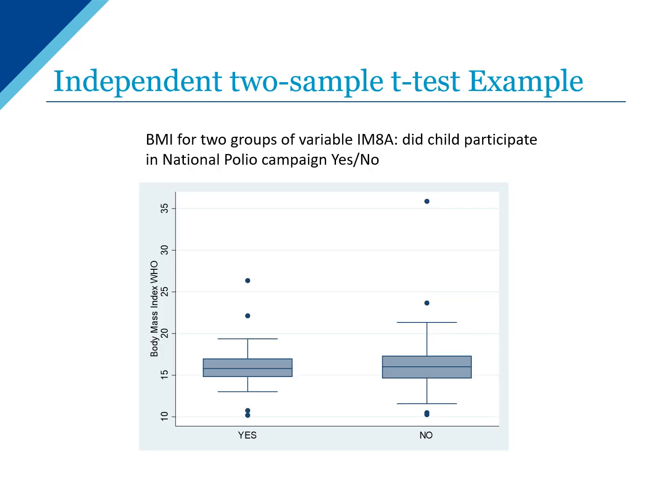Here is an example from the mixed random sample that you can follow along with in Stata if you'd like. This box plot shows the distribution of BMI of children who participated in the polio vaccination campaign on the left and of those who did not participate in the polio vaccination campaign. Does the distribution look similar to you? Does it look normal?